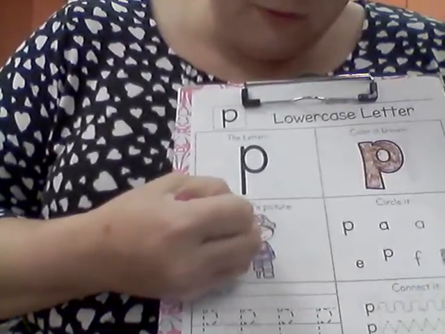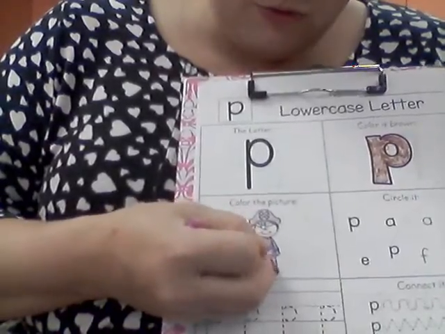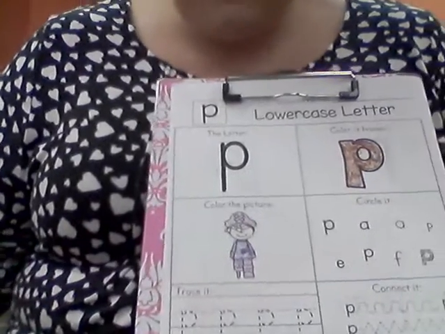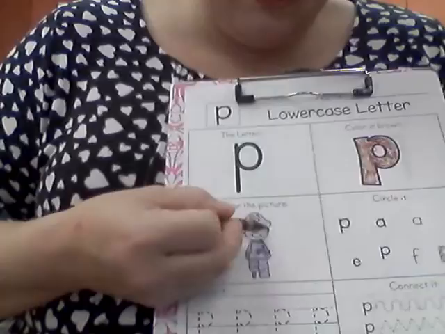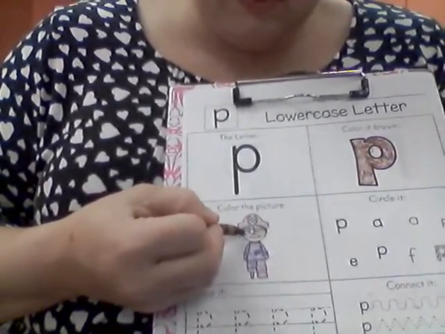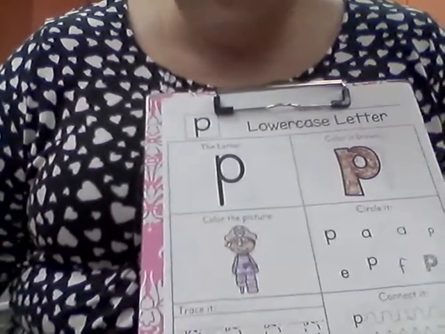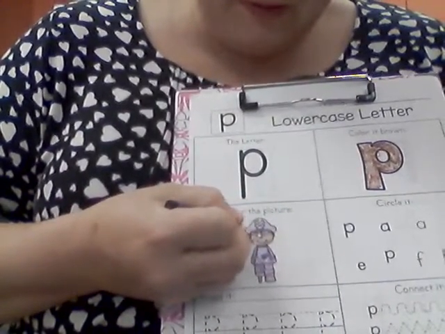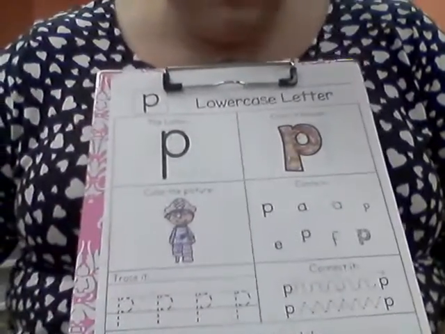I'm going to leave the crossbones white. And then I'm going to color his shoe and his peg leg, that's what this is, pink. And I'm going to color my pirate. Could even give him a little bit of purple hair. So there's my pirate. Okay, then we're going to move over to the next one.